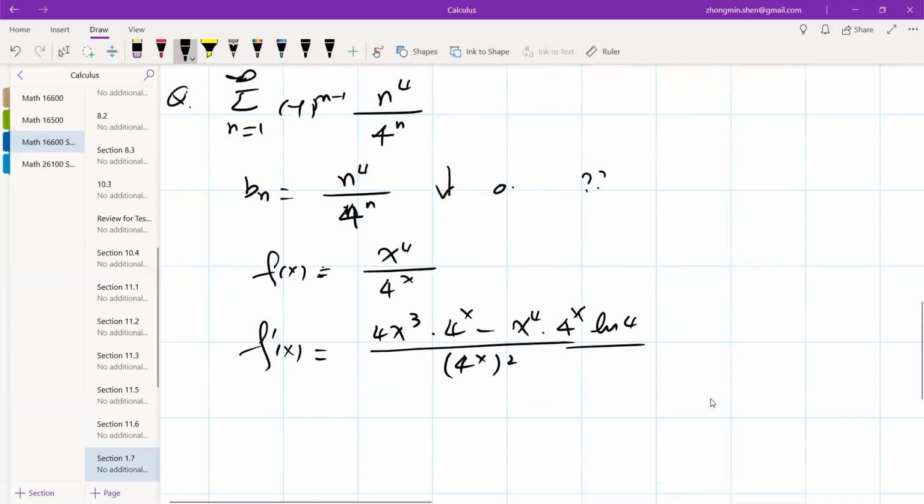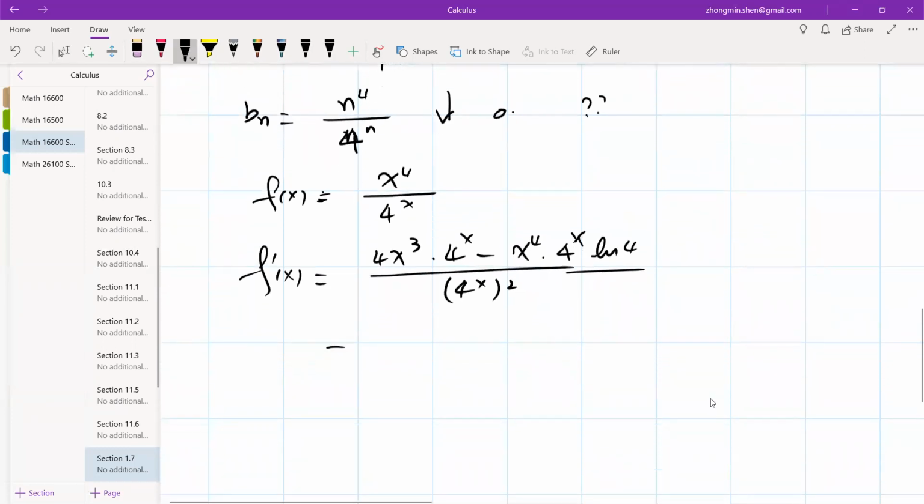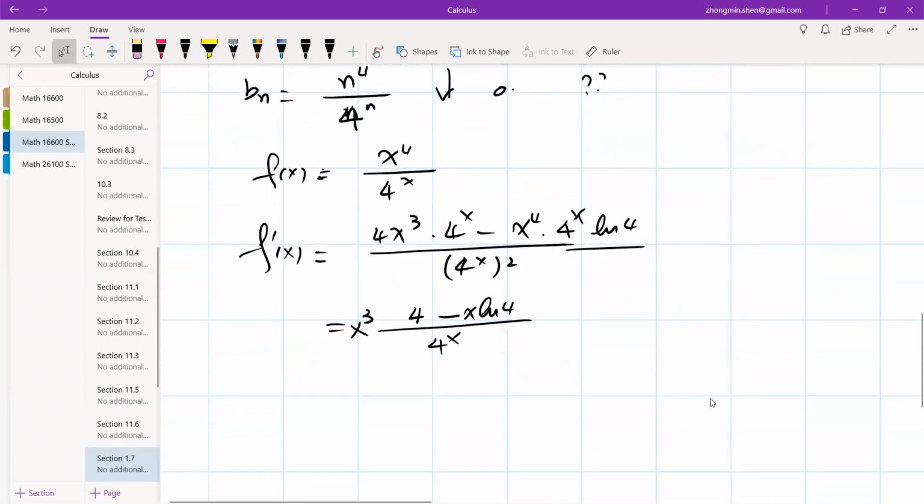When I simplify it, I'm going to take 4 to the x out, and also take x cubed out. So I have a 4 minus x natural log of 4. Clearly, this is going to be negative if x is greater than 4 over natural log of 4.